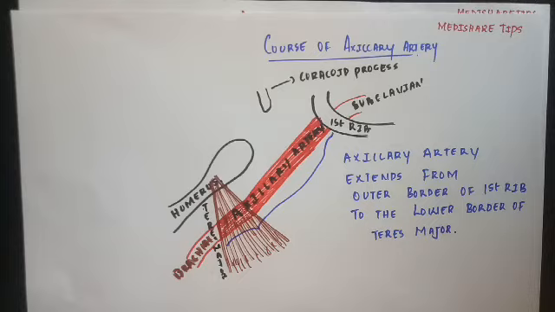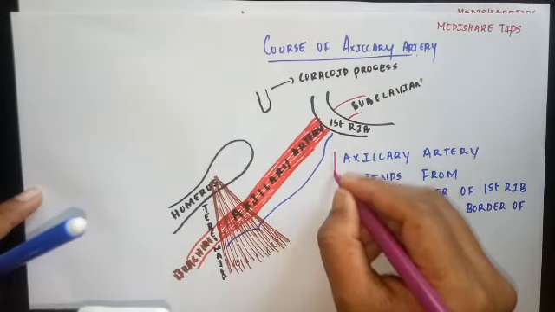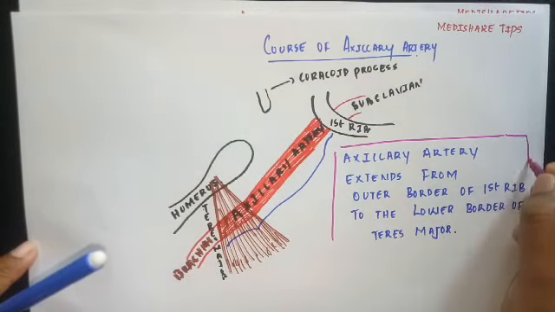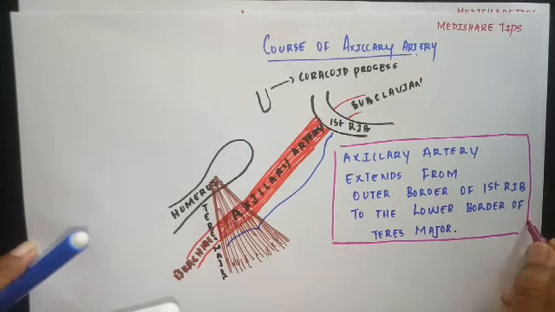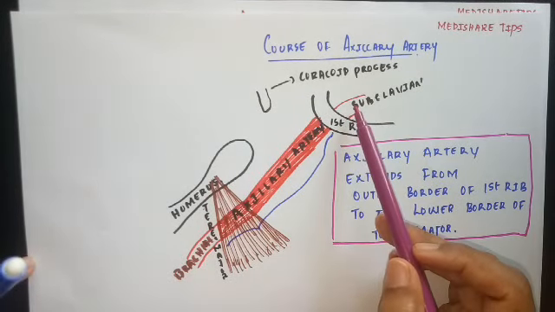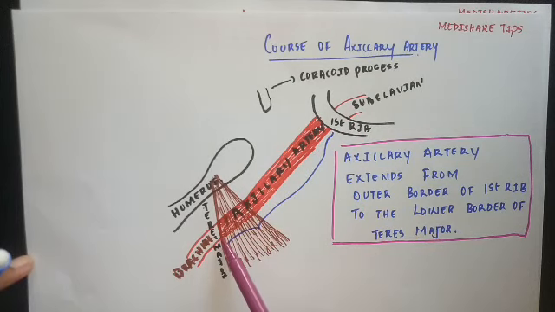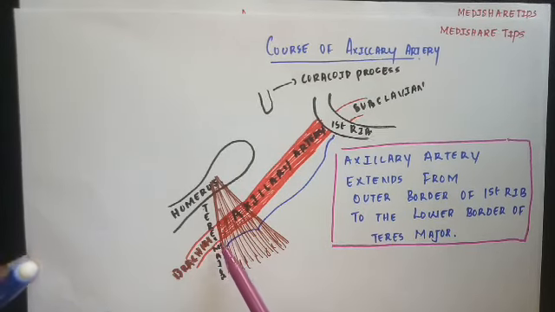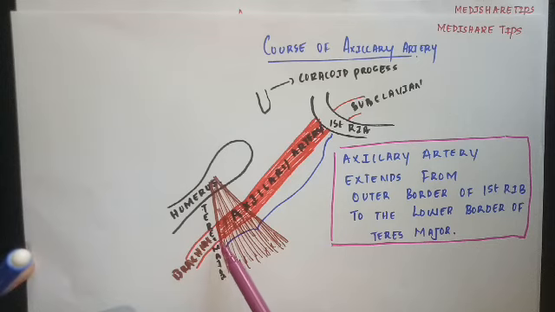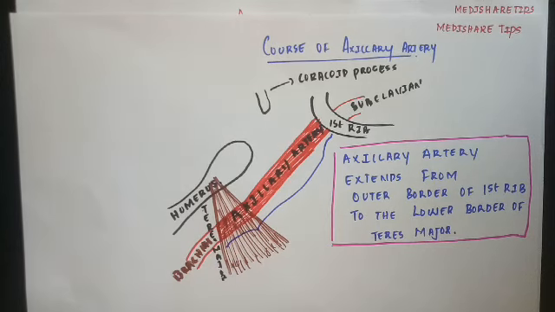So this is the extent of axillary artery. It should be known very clearly. So axillary artery is a continuation of subclavian artery. It extends from the outer border of first rib to the lower border of teres major muscle, and from the lower border of teres major muscle it continues as the brachial artery.